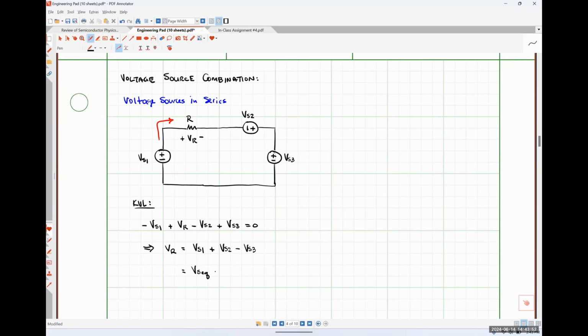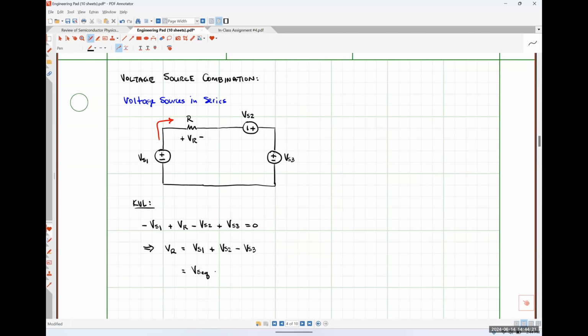Let's see if we can glean some information about what's going on here. I believe that the polarity of VS1 and the polarity of VS2 are the same, because when we went around our Kirchhoff's voltage law loop, we saw the negative terminal for both of those voltage sources first.